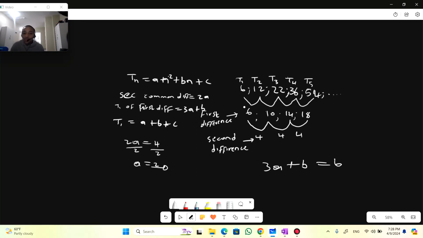So this is your first term of your first difference, right? So your value of A is 2, so you just substitute there: 3 into 2 plus B, your unknown, is equal to 6, right?